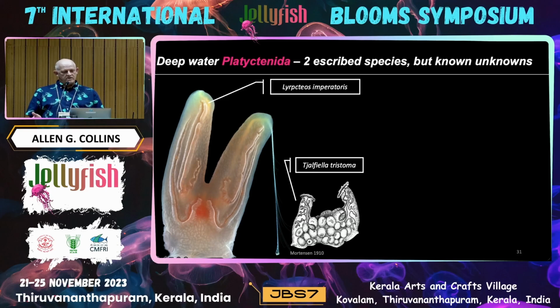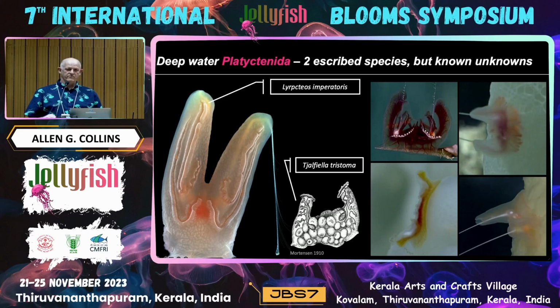He's also working a lot on deep water platytenids. So at present, there are only 2 species of platytenes that are described from greater than 200 meters, and that's Lyracteus imperatoris and Gelfiella tristoma, described from very different parts of the world.